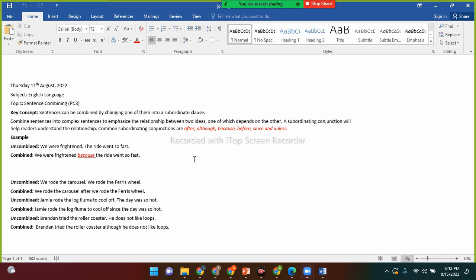So we combine sentences to have varying sentence lengths, right? And we also combine sentences to be more, I don't want to use the word concise, but to be more distilled in what we say.